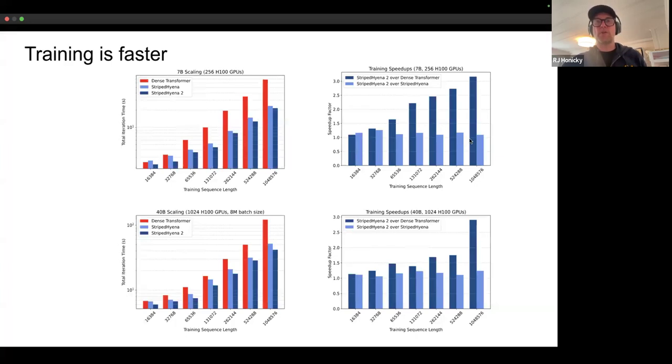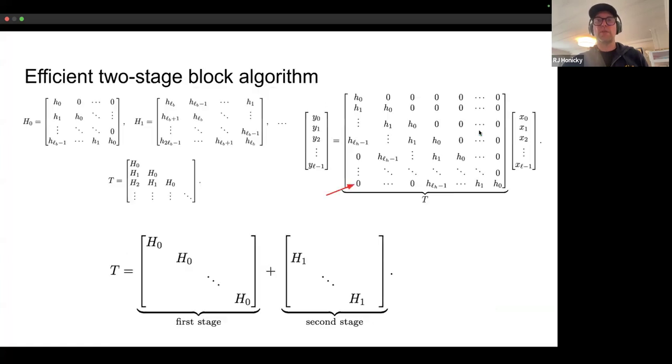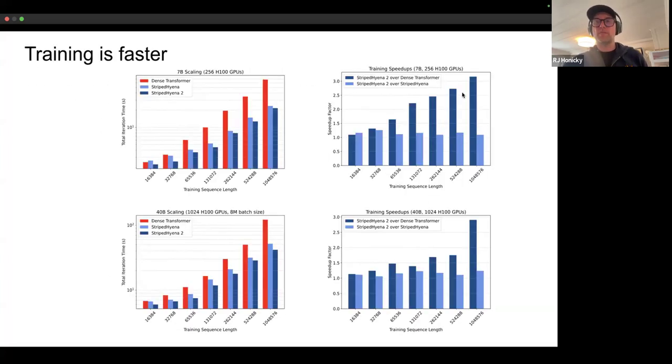So they beat Striped Hyena 1, plus they beat the dense transformers by a factor of 3 or more here, and a little more than 3 and a little less than 3 here at the long context. This is what we expect, but it's validation that this was one of the primary design points, and they're saying we met the design point.